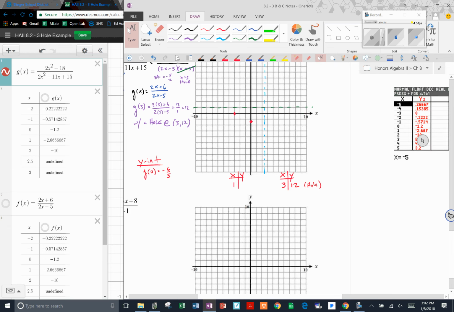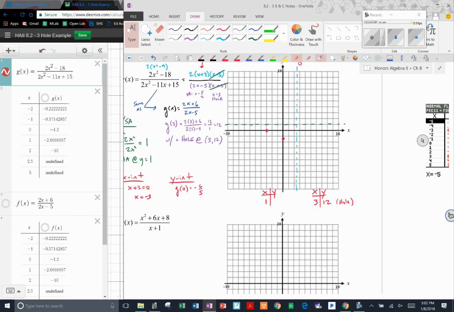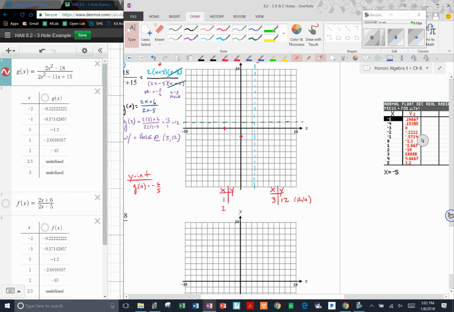Let's see. And in fact, we're going to type this in our graphing calculator to get a few more points anyways. So why don't I put in 1 and then maybe how about 2 as well, just to get a little bit closer to that asymptote to see where that comes down. If I put in 1, I get -2.7, and if I put in 2, I get -10. I'm just getting that from my graphing calculator right there.